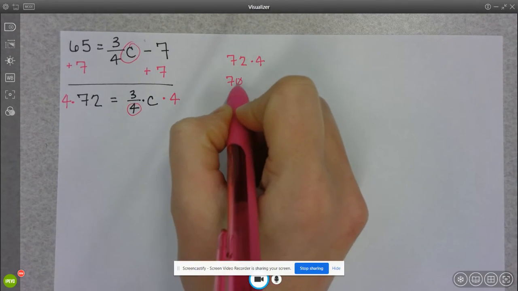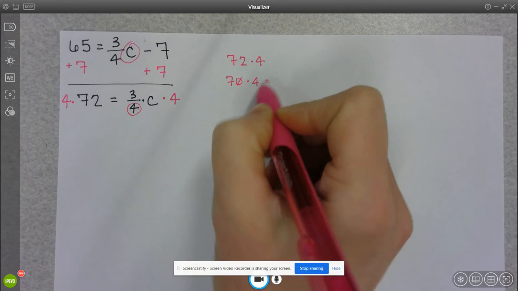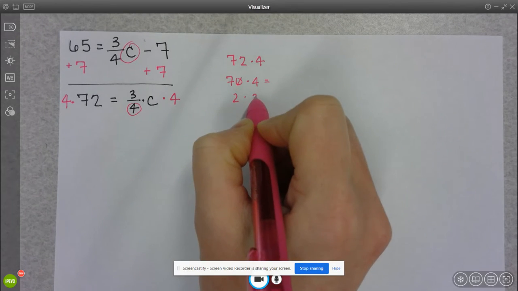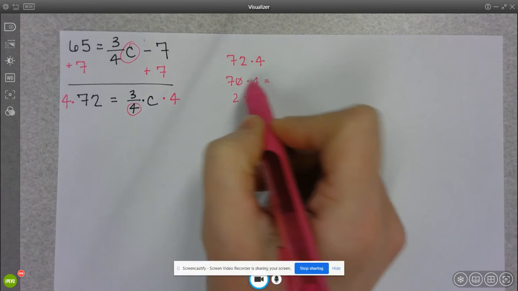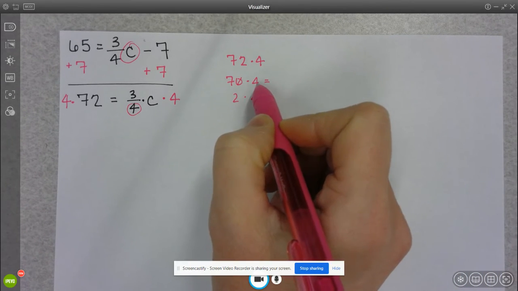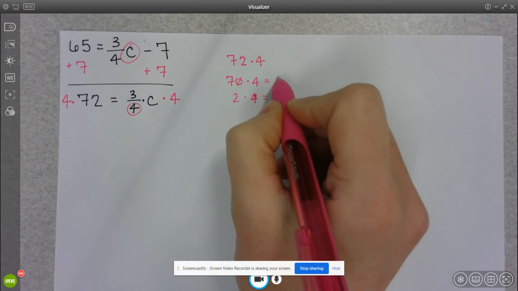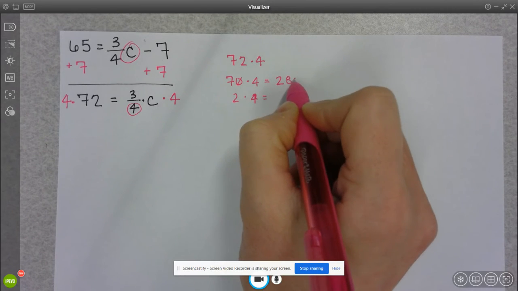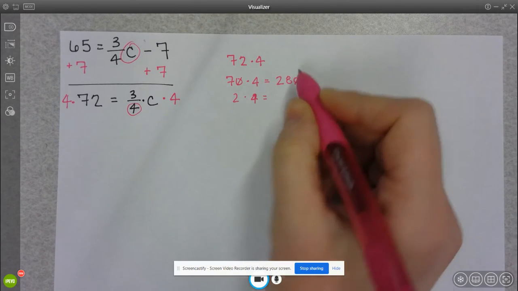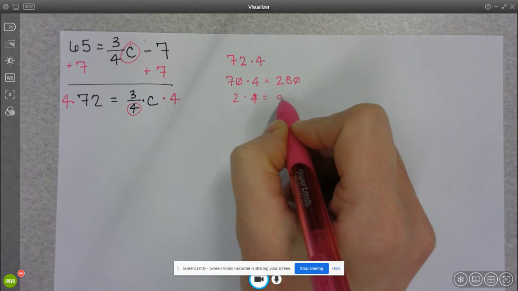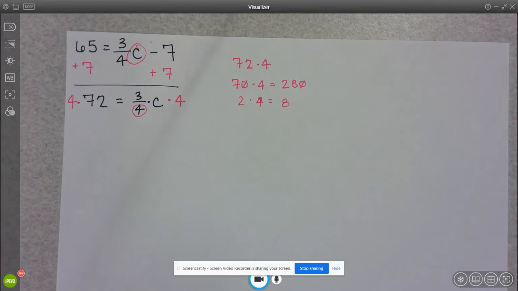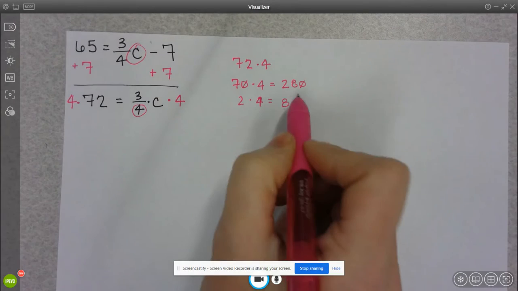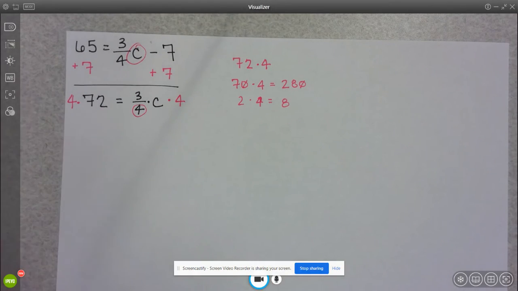I'm going to do 70 times 4, and I'm going to do 2 times 4, and I'm going to add those two things together. Well, 7 times 4 is 28, so 70 times 4 would be 280, and then 2 times 4 is going to give me 8. So that would be 288 over here.